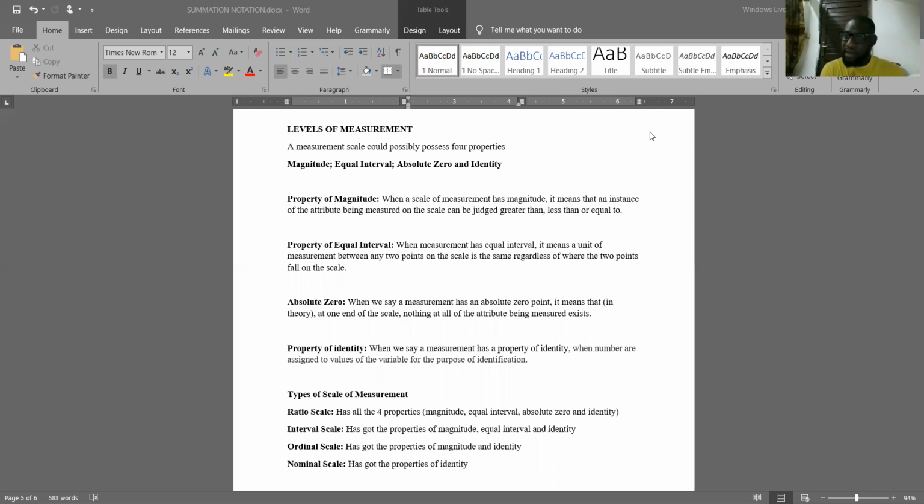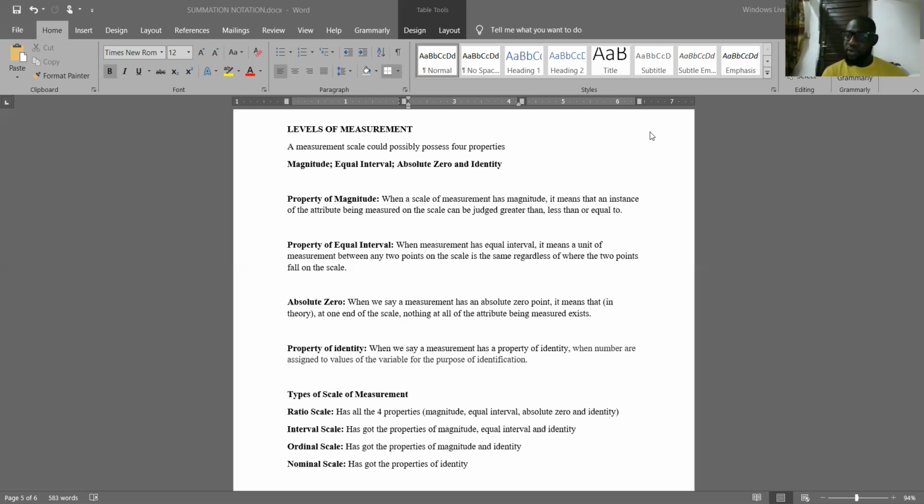So it means when it comes to distance, we could have greater than, less than, and equal to. The same thing applies to length, weight, and so on. Even depression, anxiety, and what have you. It has property of magnitude.